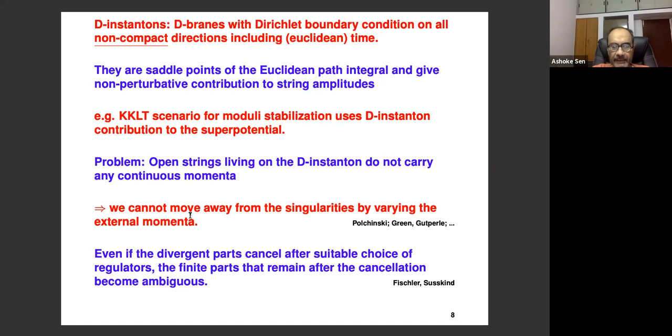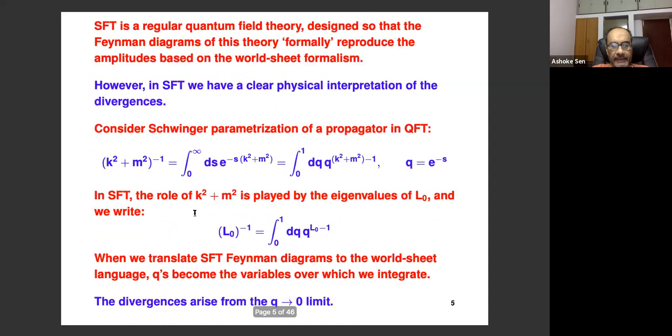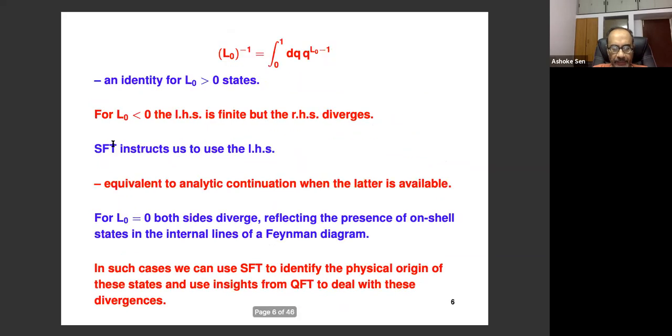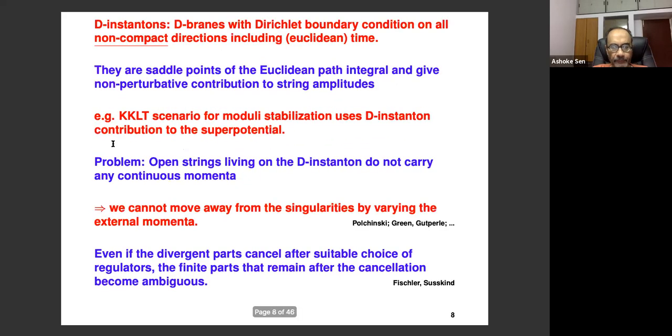You can see this here: if we encounter states with k squared plus m squared negative, where this is divergent, we can say that we first define it for k squared plus m squared positive by going to a value of k where it's positive, and then analytically continue to values of k where this turns negative. But if k is strictly 0, then of course you cannot do this. Or even if k takes only integer values, you cannot do this. Analytic continuation doesn't work. And that's what happens for D-instantons.